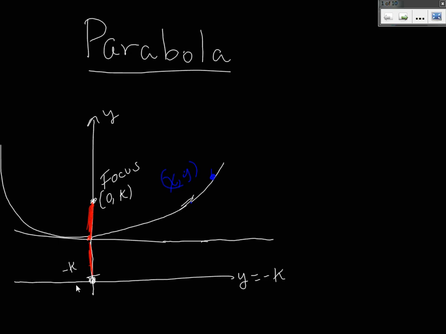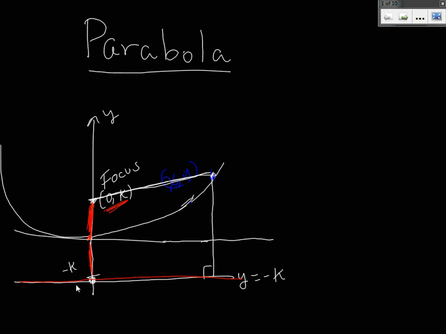And the answer is very simple. If the distance from the focus to the point is equal to the distance from the point to the directrix at a right angle. It's the set of points that are equidistant from the focus and the line y equals negative k.